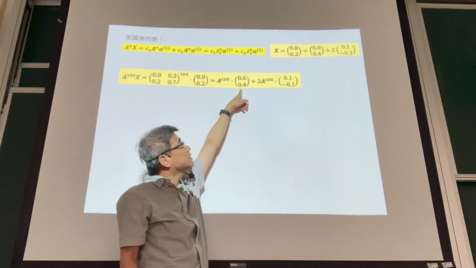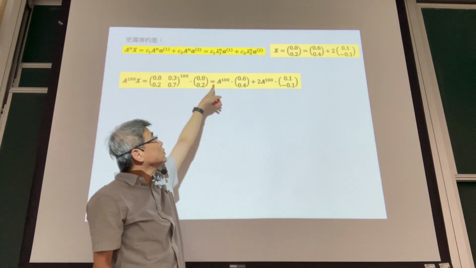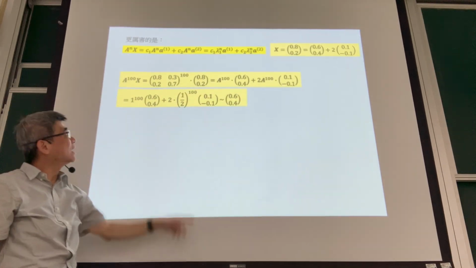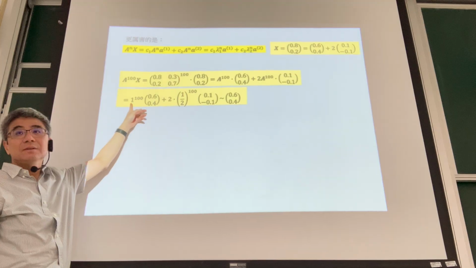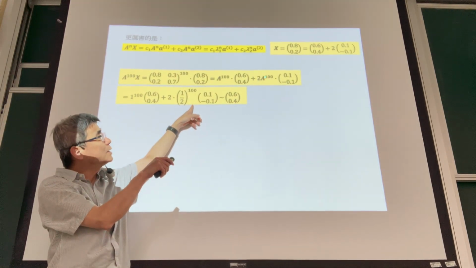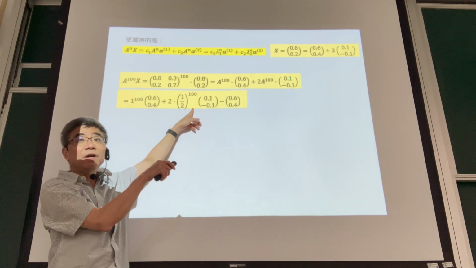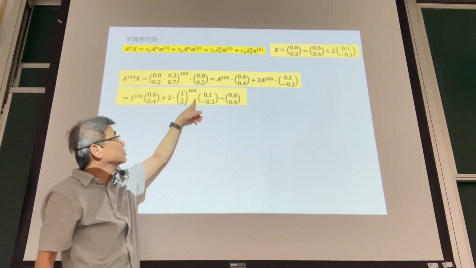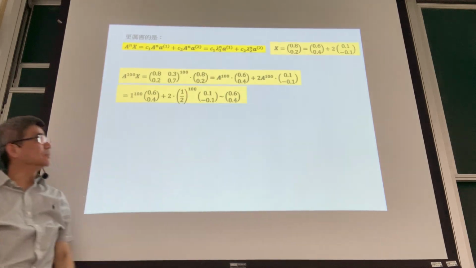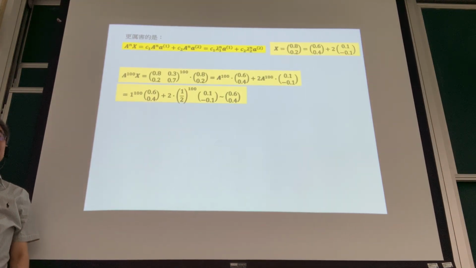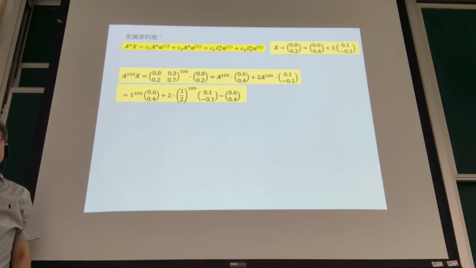The first eigenvector is also an eigenvector of A to the 100 with eigenvalue 1 to the 100. For the second one, A to the 100 times this eigenvector will be equal to the eigenvalue to the 100, so it's 1/2 to the 100. Done. Yeah, but how do we calculate 1/2 to the 100?